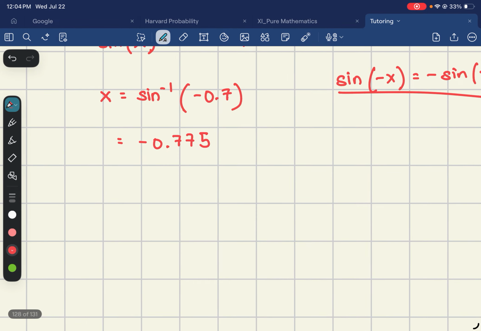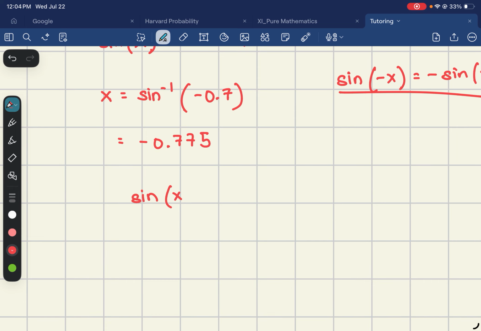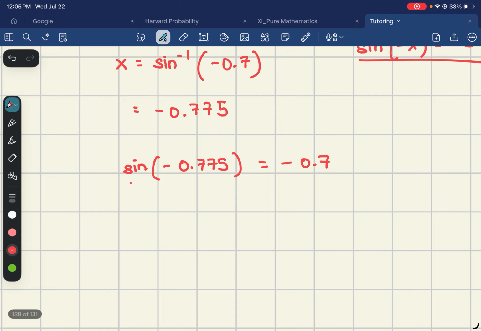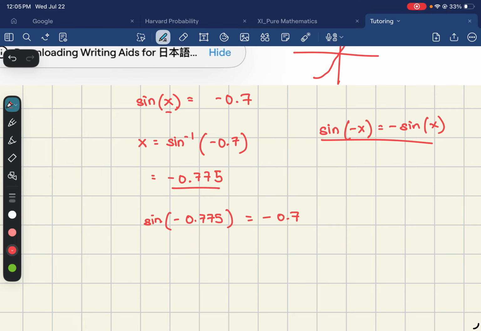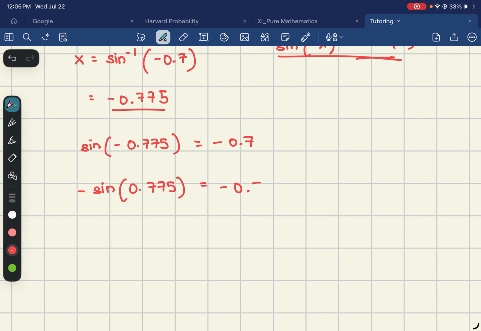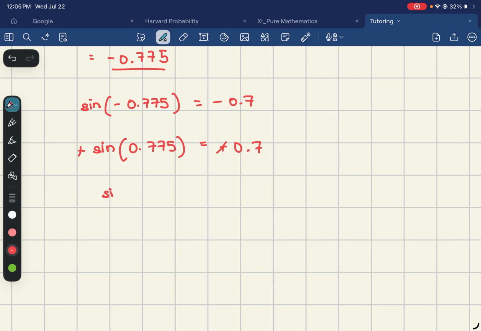And using this information, if sine of negative 0.775 is equal to negative 0.7, then because I'm solving for x, I can take this negative out. So sine of 0.775 is equal to 0.7.